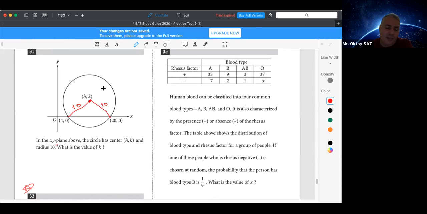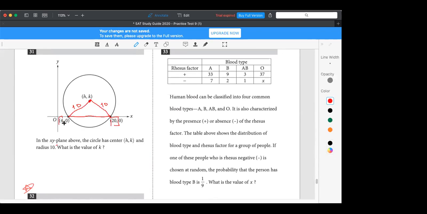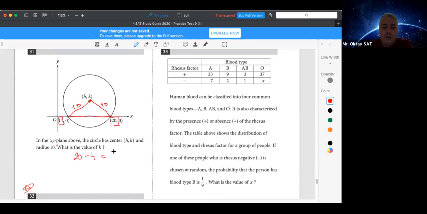How can I find it? Any idea? First of all, can I find this distance? What is this distance? 20 and 4. So 20 minus 4, which is 16. So this is 16 right now. This length is 16. I mean, from 4, if I add 16, it will be 20. Now I have an isosceles triangle: 10, 10, and 16.